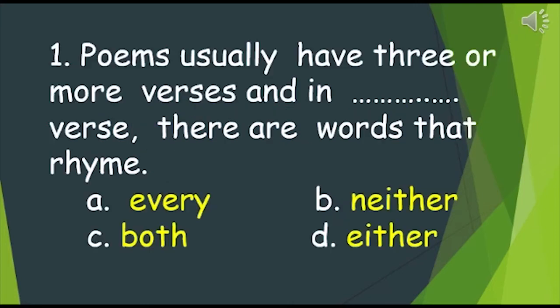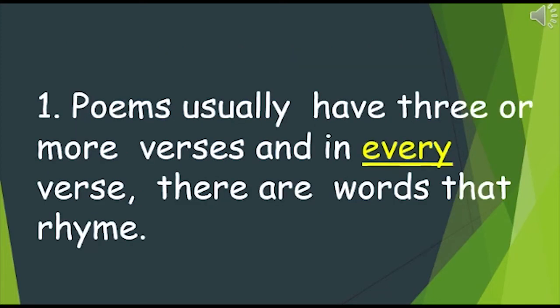Number one, poems usually have three or more verses, and in every verse there are words that rhyme. You have choices like every, neither, both, and either. The right answer is every. Why did we choose every? Because verse comes after it. The word verse is a singular noun, one of the verses of the poem. So every means each, and it is followed by a singular noun.